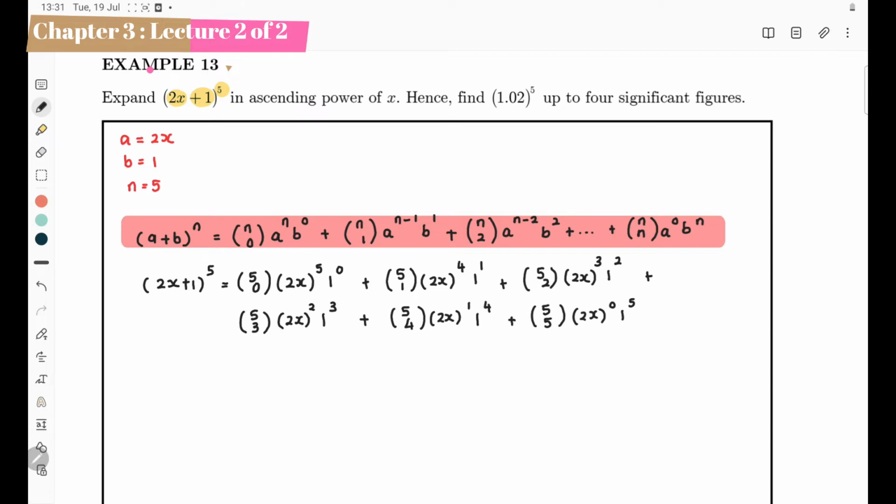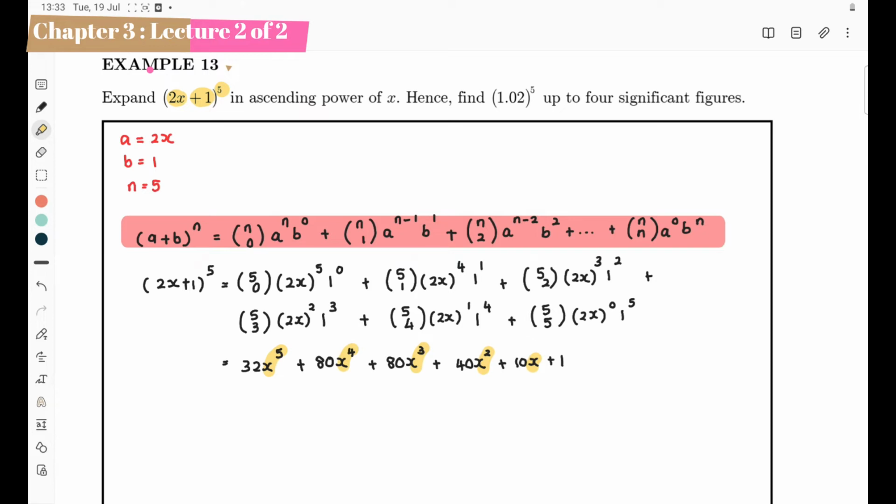Carefully calculate each term to get the following expansion. Notice that the question asks for ascending power of x. Our expansion is in descending power of x: x^5, x^4, x^3, x^2, x, and constant. So we need to rearrange the answer in ascending order of expansion.